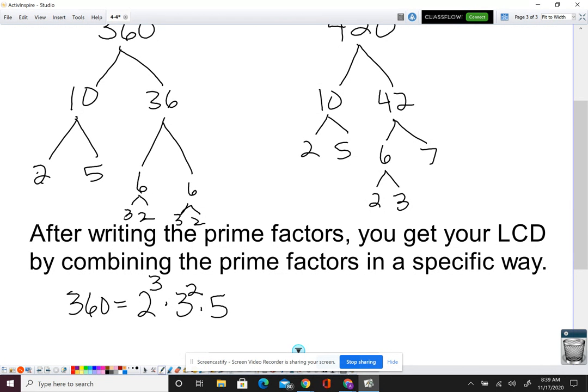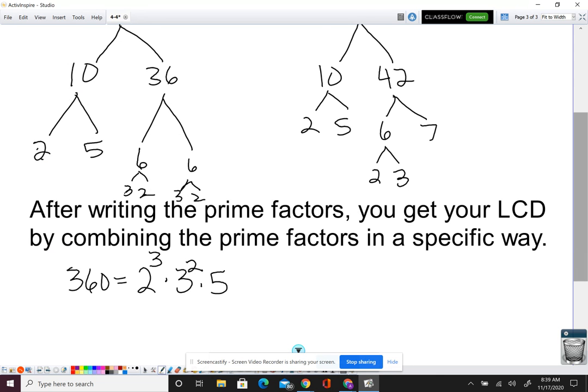So if we were to take 2 to the third power, 3 squared, times 5, we would end up getting 360. For the 420, it looks like 2 to the second, 3, 5, and 7.